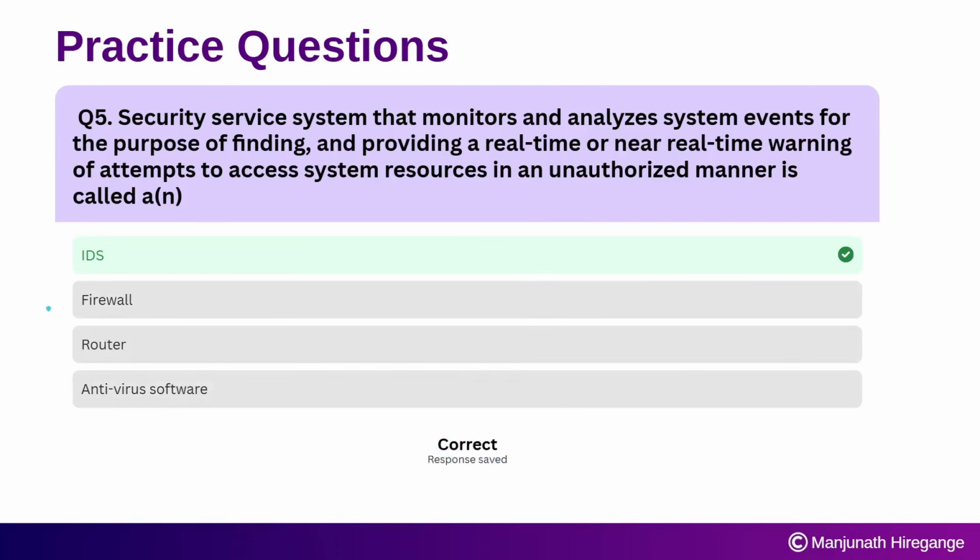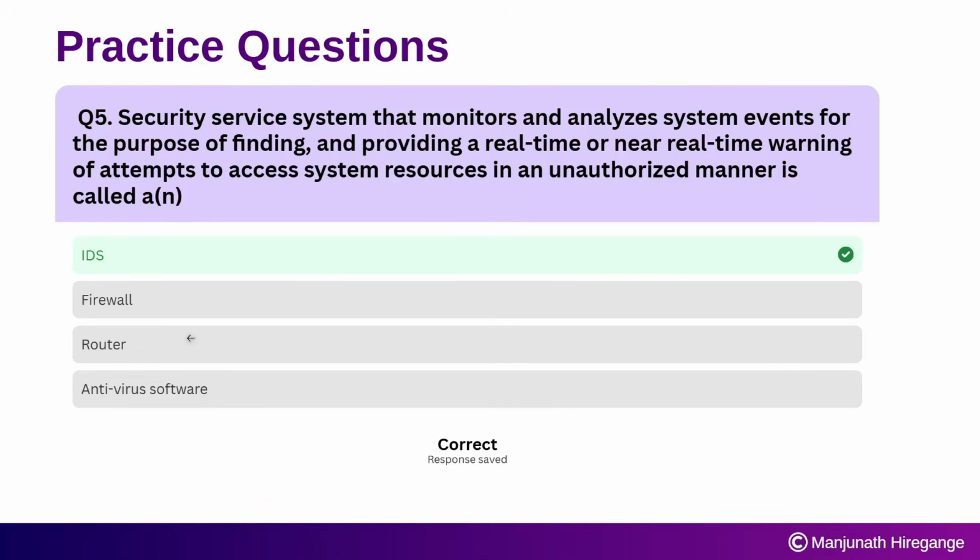Why? Because the intrusion detection system is specifically designed to monitor and analyze the system for events, specifically suspicious activity or unauthorized access attempts. It also provides real-time or near real-time alerts to notify administrators about any potential security breaches. A firewall is also critical for network security, but its primary function is to block unauthorized access based on predefined rules.